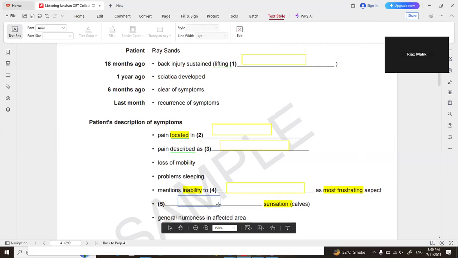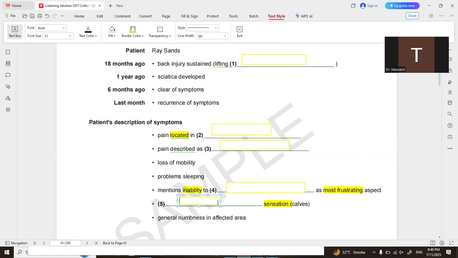Can you tell me what sort of sensations are there? Like pins or needling sensation, sir, something like that. Yes, so they can say sensation like burning sensation, pins and needles, numbing sensation. So these are any sort of sensations.